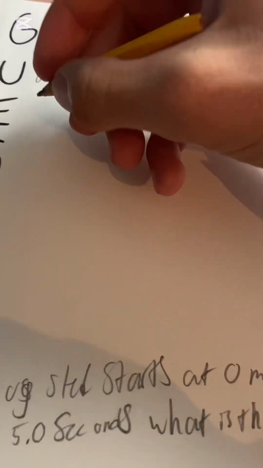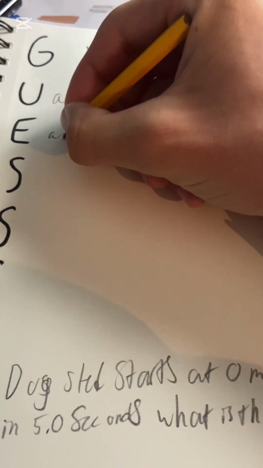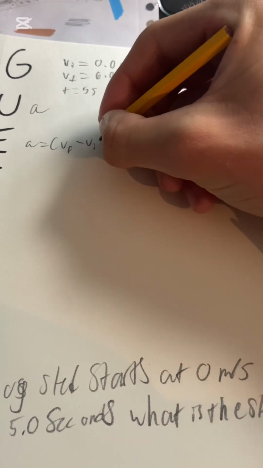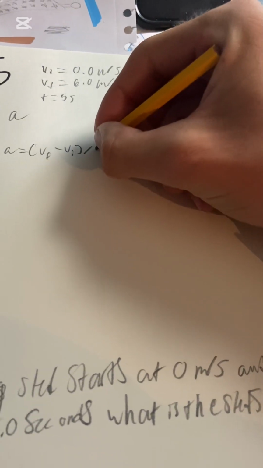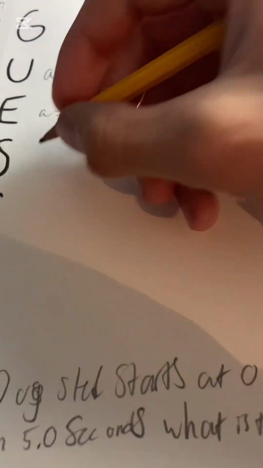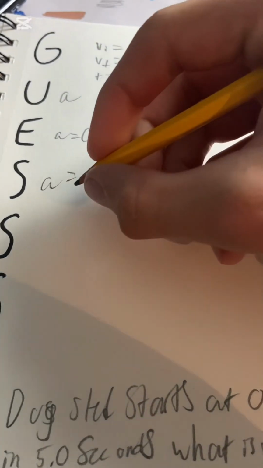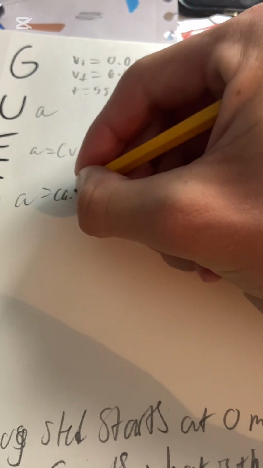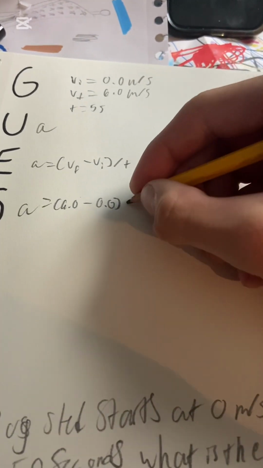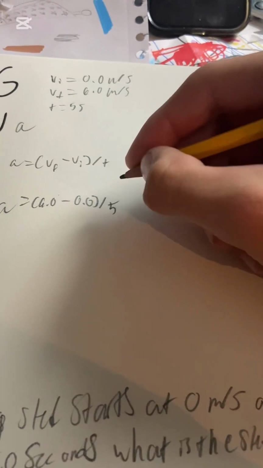And the equation we're going to use is a equals final velocity minus initial velocity divided by time. So now the substitution is a equals 6.0 minus 0.0 divided by 5.